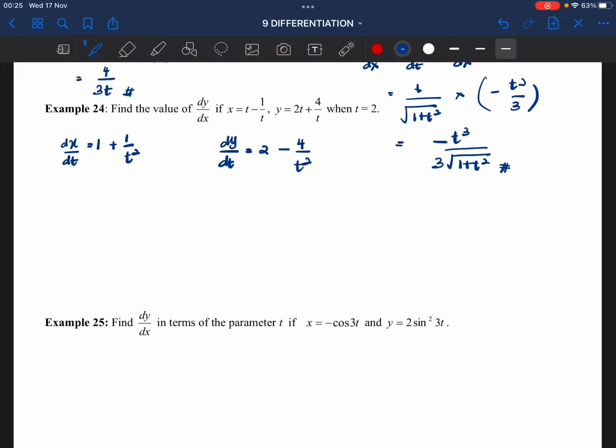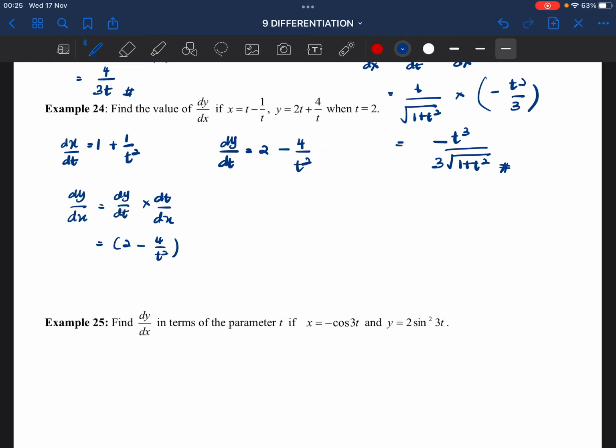So we have our dx over dt and we have our dy over dt. Now just substitute into our formula. dy over dx is equal to dy over dt multiplied by dt over dx. So dy over dt is 2 minus 4 over t square.